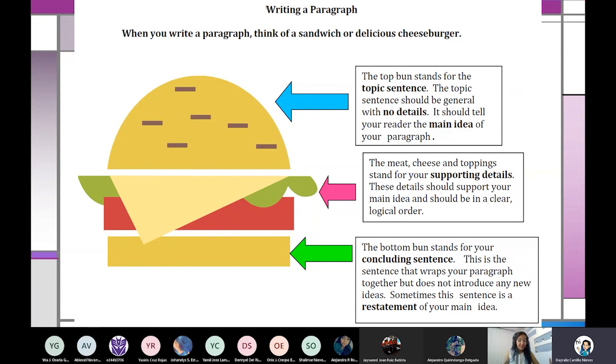Why? Because they have an introduction, which is the bun, and they have a conclusion.